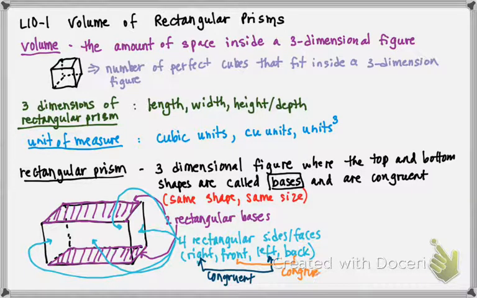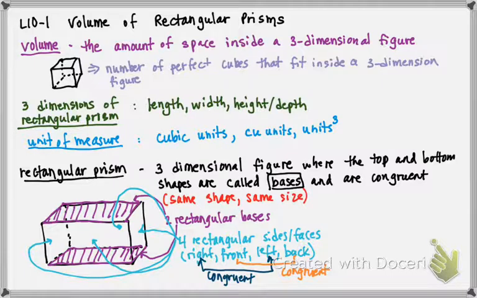Now, all 6 of these rectangular faces, so the 3 sets of congruent ones, are not necessarily congruent to each other. Now, if it was a cube and all the dimensions were exactly the same, yes, then all 6 of the surfaces would have the same exact dimensions, okay?